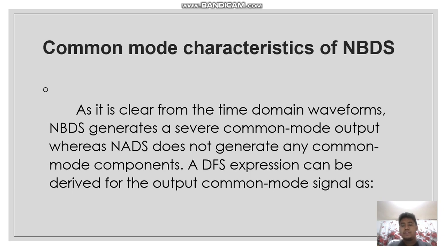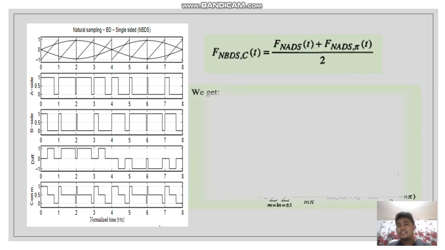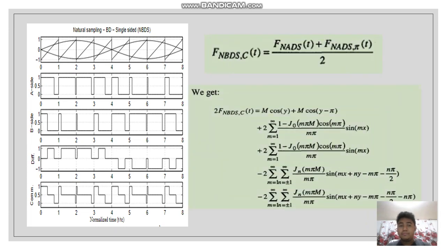So, the common mode characteristics of NBDS: as is clear from the time domain waveforms, NBDS generates a severe common mode output, whereas NADS does not generate any common mode components. A DFS expression can be derived for the output common mode signal, as here is the formula for it.